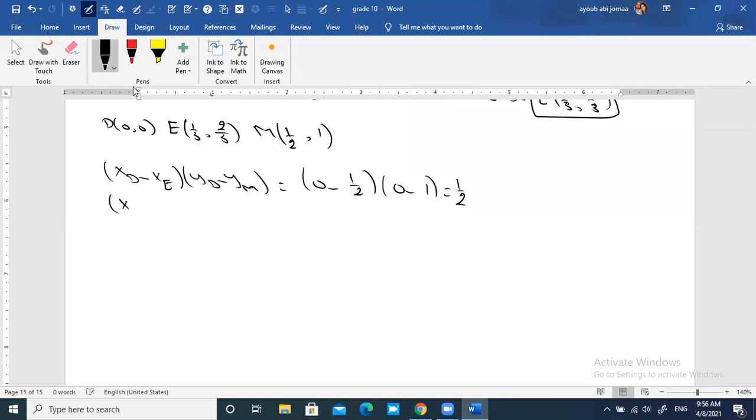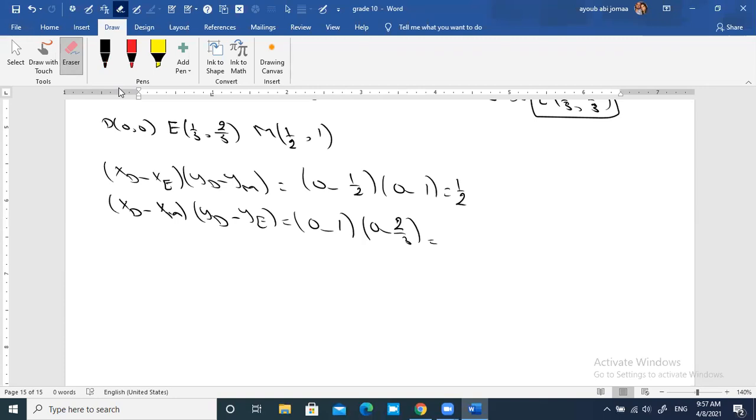And X of D minus X of M, Y of D minus Y of E, it is equal to 0 minus 1 into 0 minus 2/3. I made a mistake here, sorry.